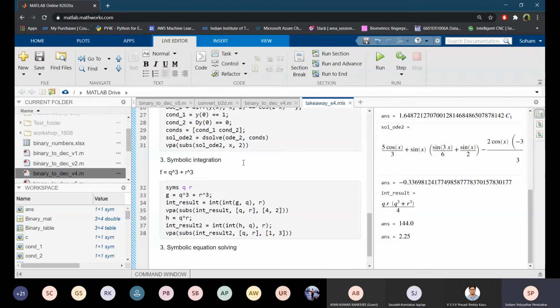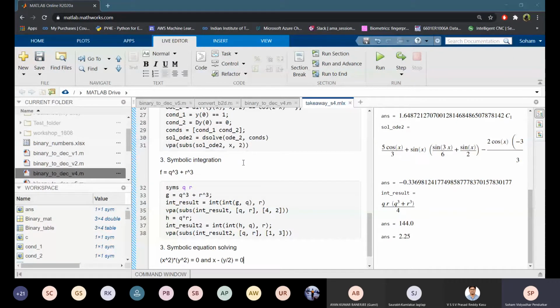x square into y square is equal to 0. And the other equation is x minus y by 2 is equal to 0.